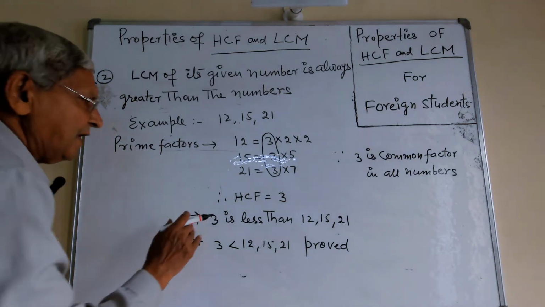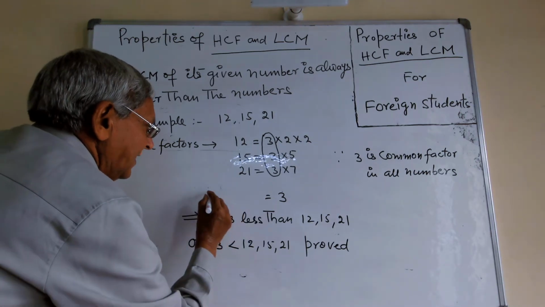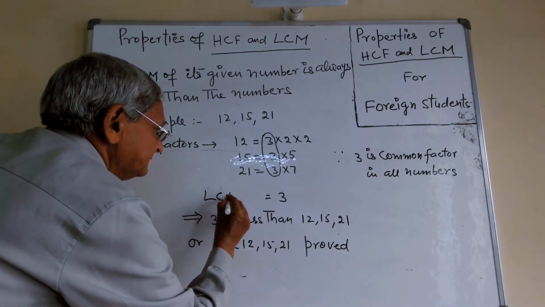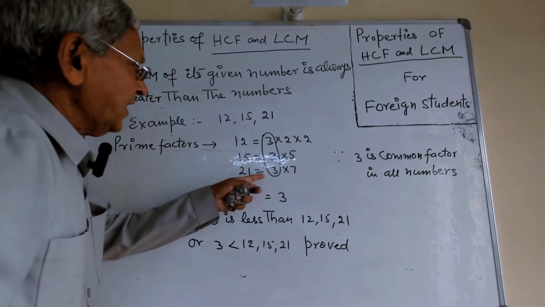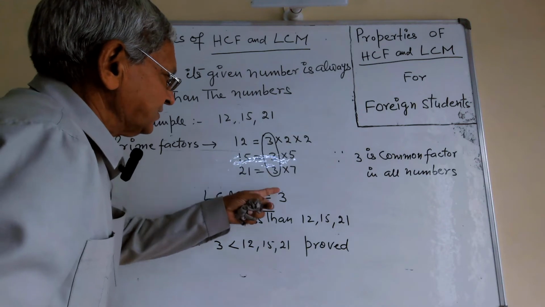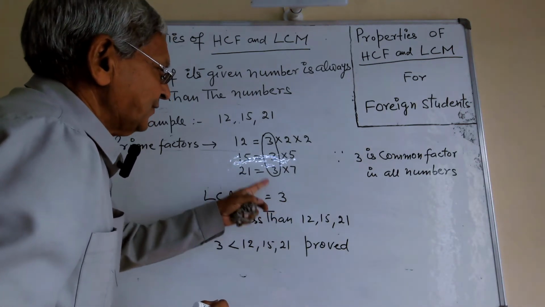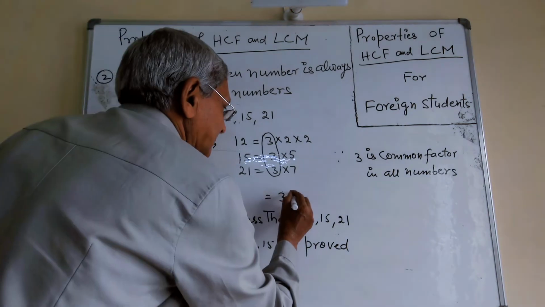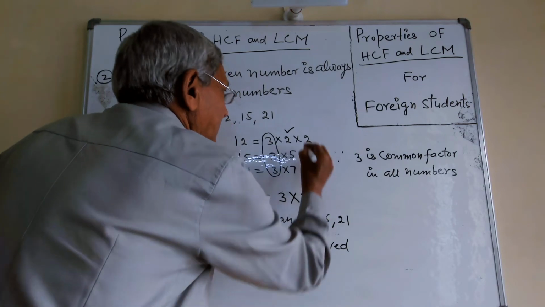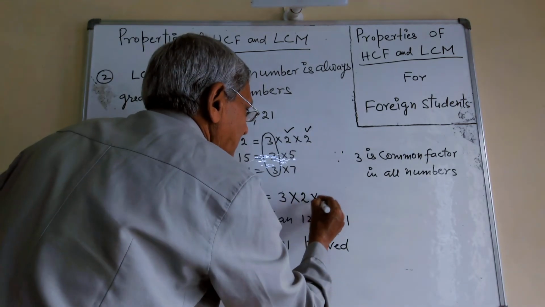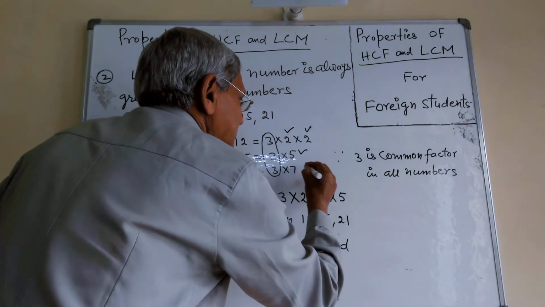And we have to find out the LCM of these numbers. LCM is equal to, in LCM, we have to take the common factor once. 3, we have to take once, and all other factors. What are the others? Take 2 and this 2 and this 5 and this 7.